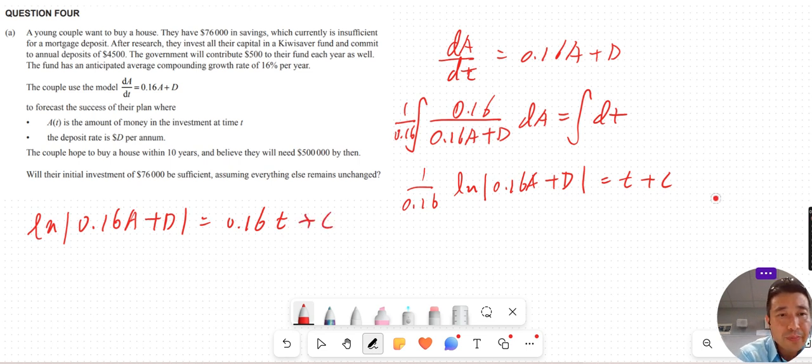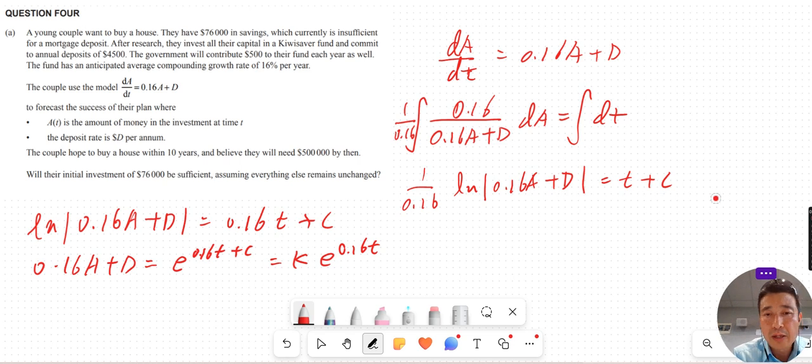Now this means 0.16A plus D equals e to the power of 0.16t plus c. In other words, instead of saying e to the power of c, I would say k times e to the power of 0.16t. And now we know D is 5,000, isn't it?